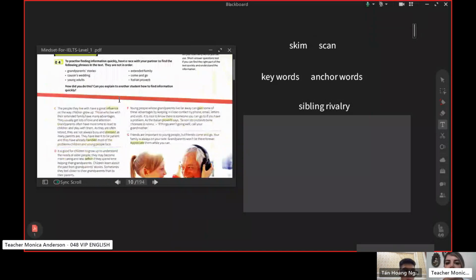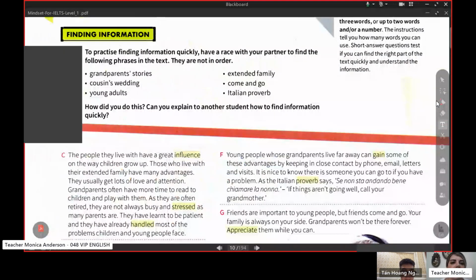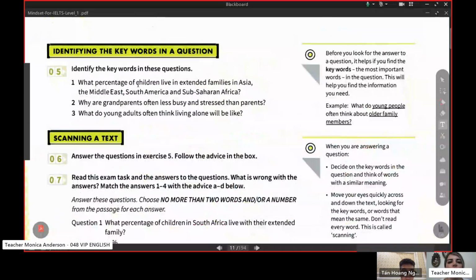Well, let's do this part. Now it's your turn. Let's do this part together. We answered the first part, I think. Okay, we have some questions. Identify the keywords in these questions. Would you read and tell me the keywords?